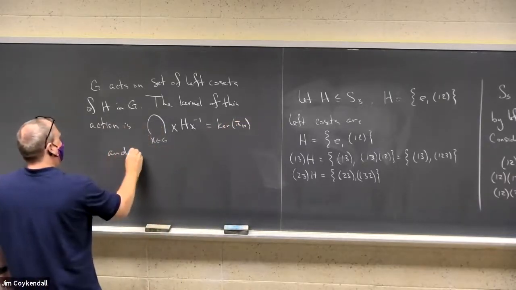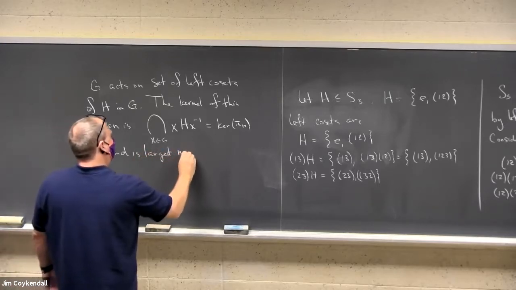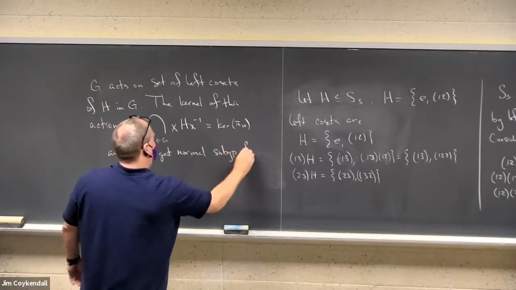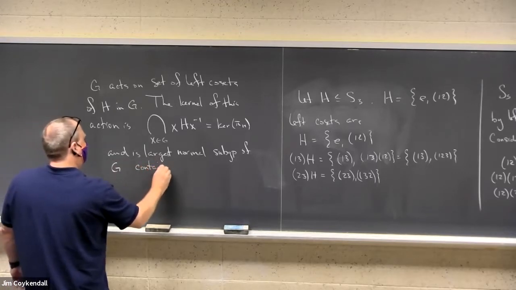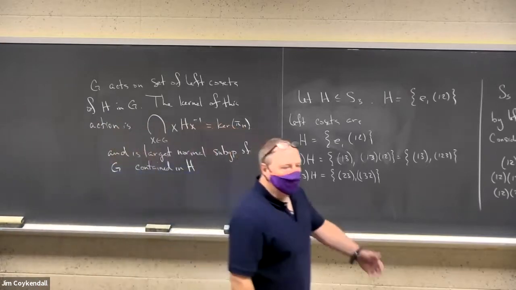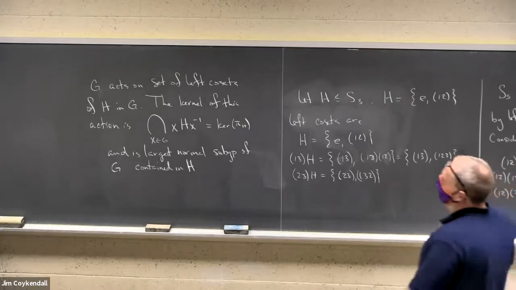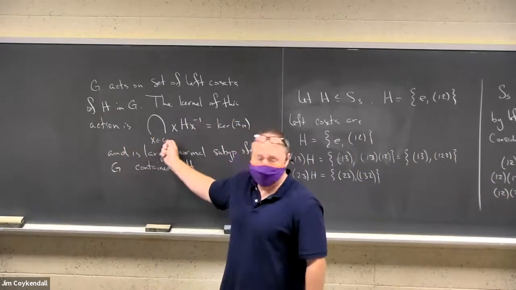It is the largest normal subgroup of G contained in H. Notice there's always a normal subgroup of G contained in H. You might have to be desperate to go all the way down to the identity, but it's in there, right? So if G is a simple group and H is a non-trivial subgroup of it, this has to be the identity.